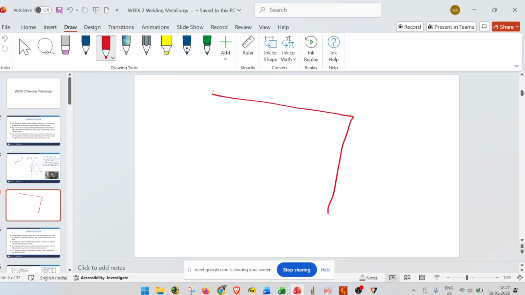So assume this is the liquid region. It will start with the first general microstructure, how it will look, it will look like this way. So we have multiple grains.